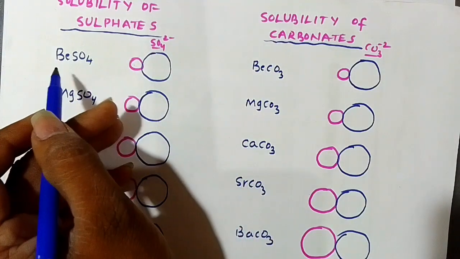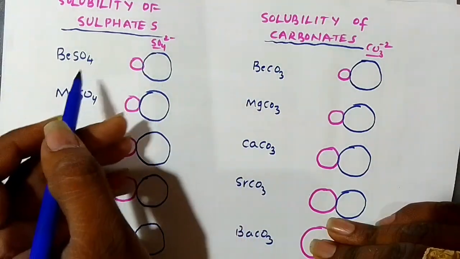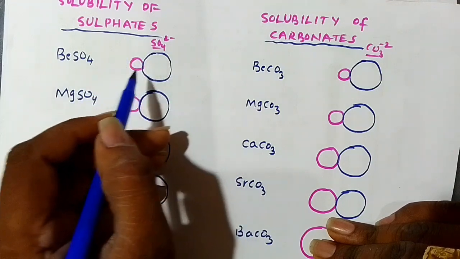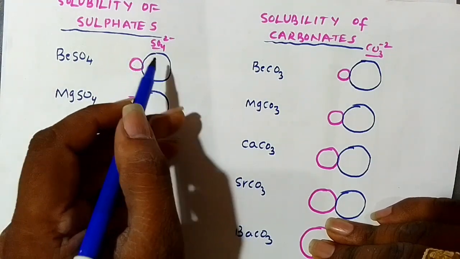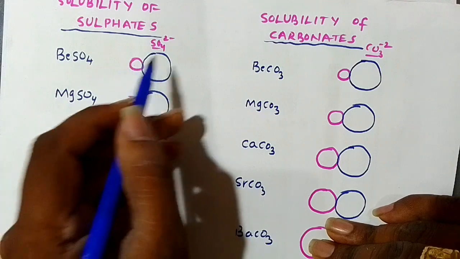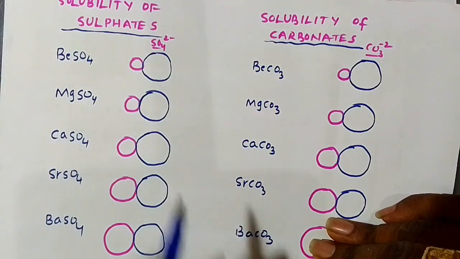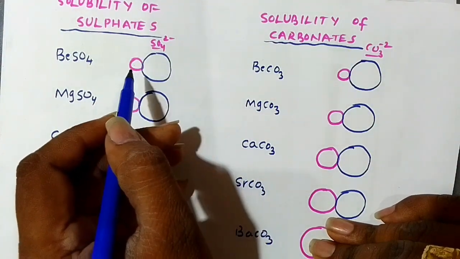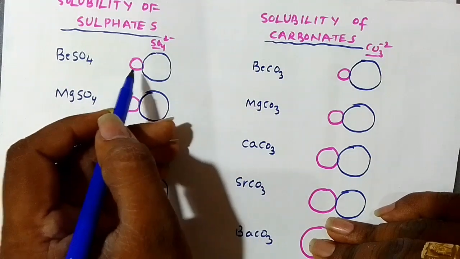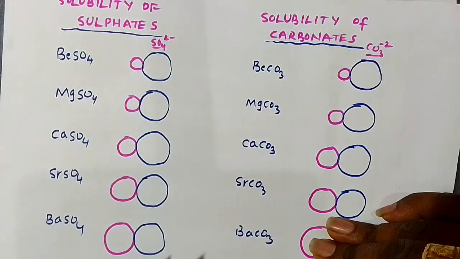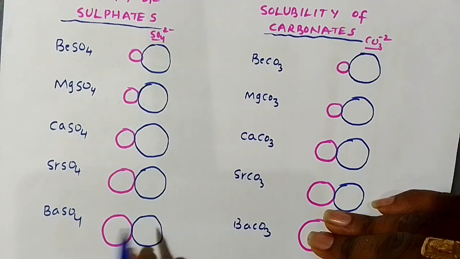Now when you observe the first molecule, here the size difference is more. If the size difference is more, we can break the ions with less energy. That means lattice energy is less. Now coming down, the size difference decreases.